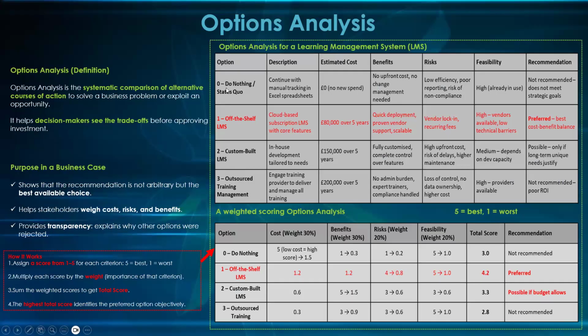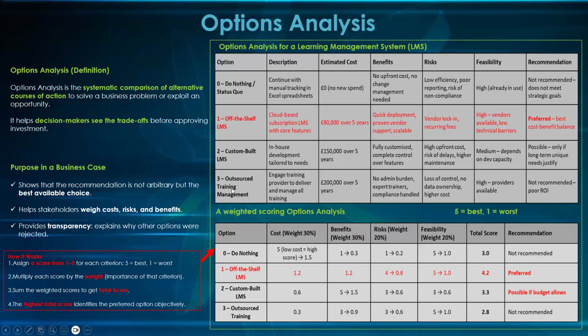The first, you always have the option of doing nothing. That means you leave everything as status quo, the way it is. Nothing changes. Two, we want to look at the market and see if there is something we can buy off a vendor. Or three, we could build our own learning management system, which you guys are doing now.